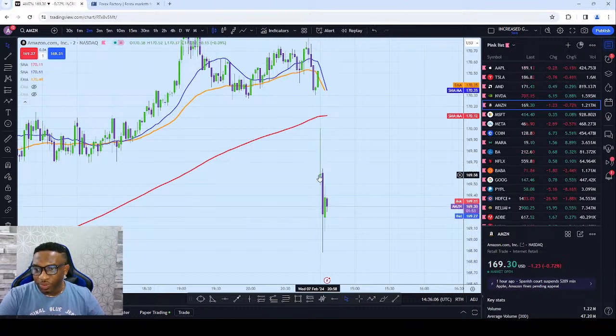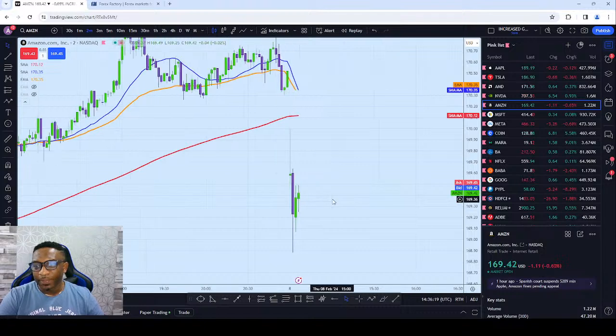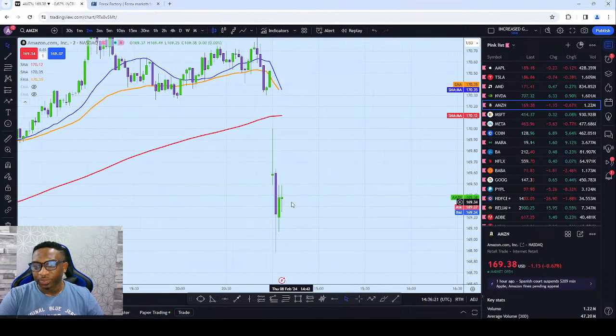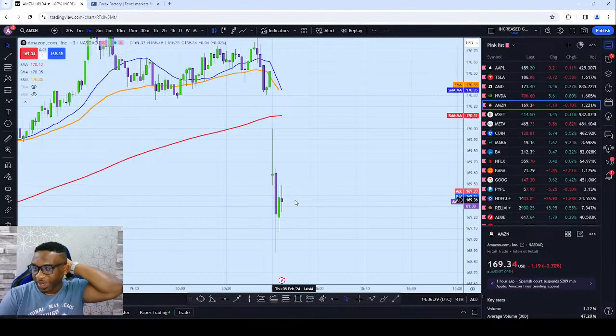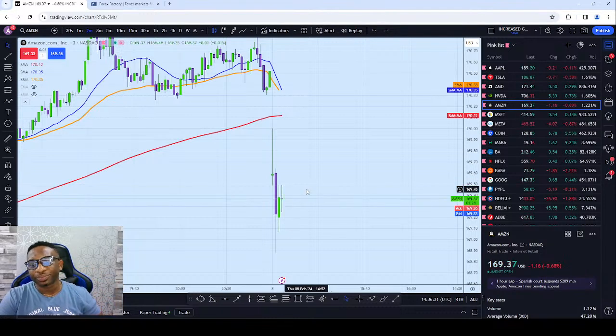So this is Amazon. When the market opened, it gapped down, so now it is in a wide state. If it's in a wide state, we can look out for a setup, if we have price taken out either to the downside or to the upside, that we can take advantage of.